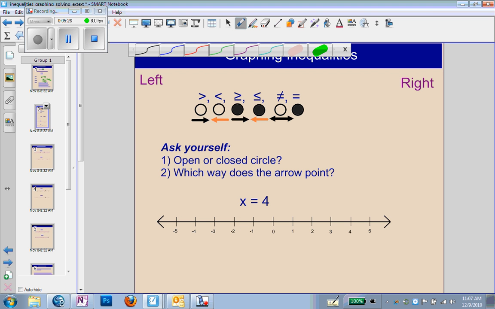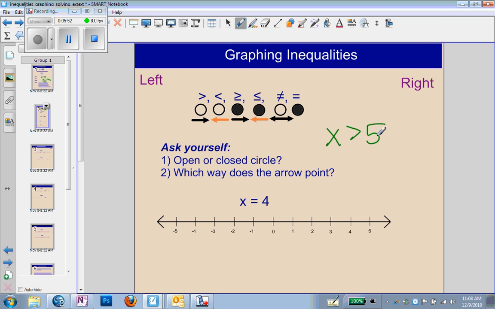With inequalities, we're not going to have just a regular equation. So inequalities, IN in the word inequality means not, so not equals. These are situations that are not equal, where the two sides of what would look like an equation are not actually equal to each other. So if we look at our greater than symbol, we'll see that that's going to be an open circle, because if I say that something's greater, if x is greater than 5, that means that any number that's bigger than 5 could be x.